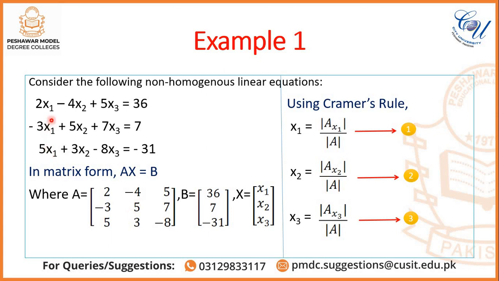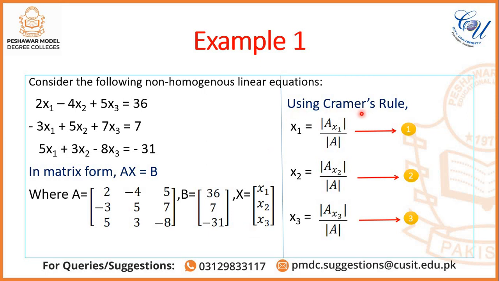Here we have three unknowns, that is x1, x2 and x3. We have written the coefficients of x1 in the first column, the coefficients of x2 in the second column, and the coefficients of x3 in the third column. B is the constant matrix and x is the matrix of unknown terms.